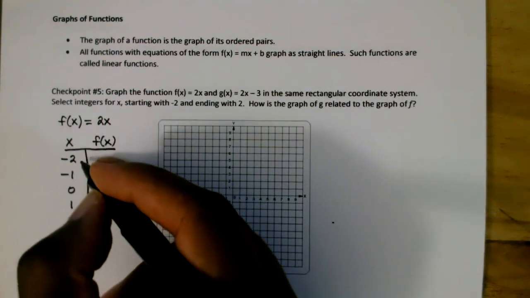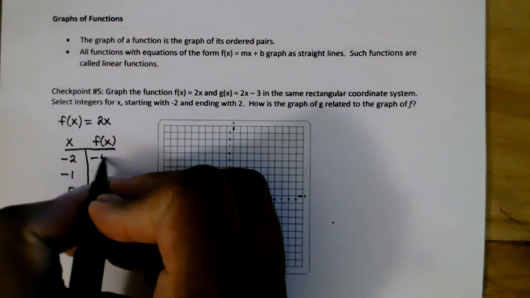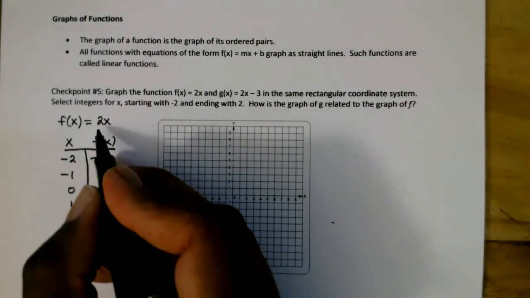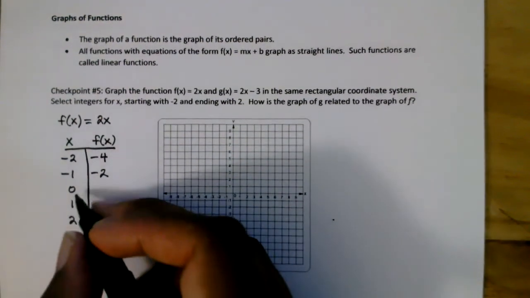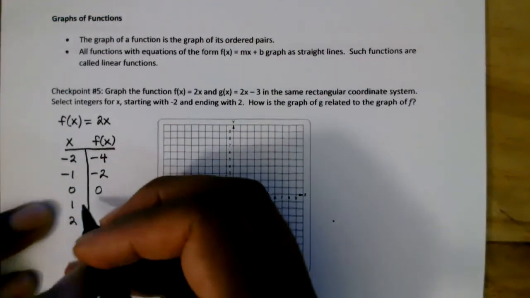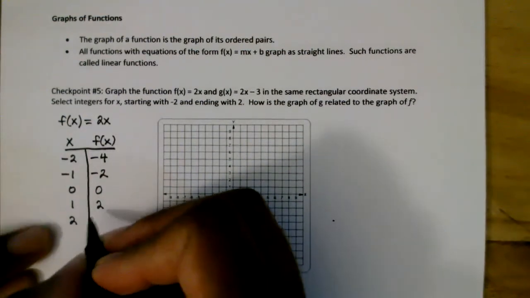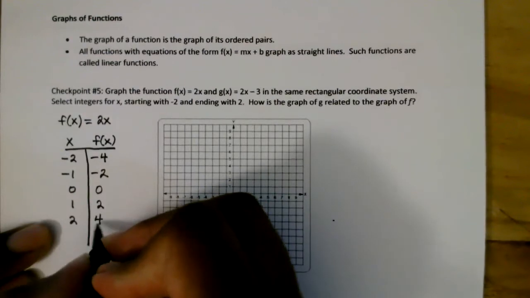So if x is -2, I'm going to have 2 times -2, which is -4. x is -1, 2 times -1, that's -2. If x is 0, 2 times 0 is 0. If x is 1, 2 times 1 is 2. And for x is 2, 2 times 2, which is 4.